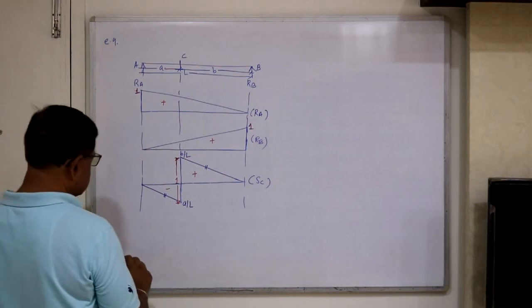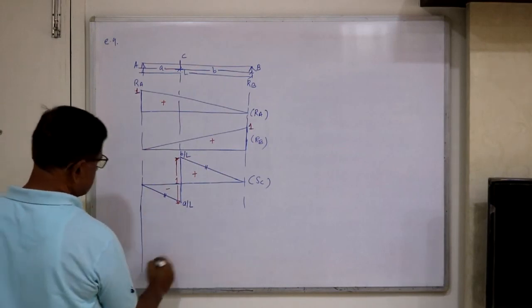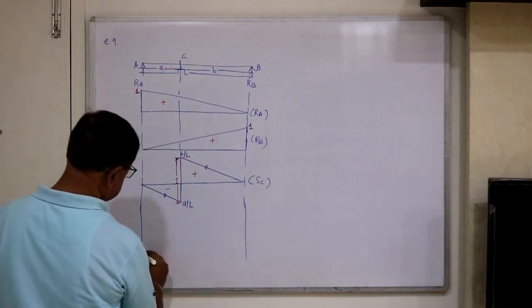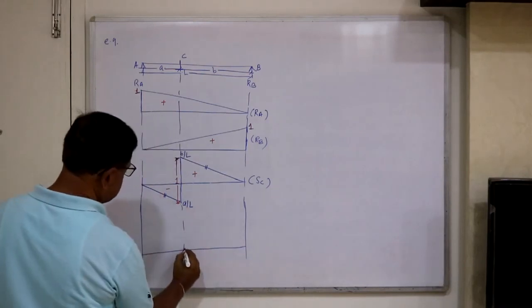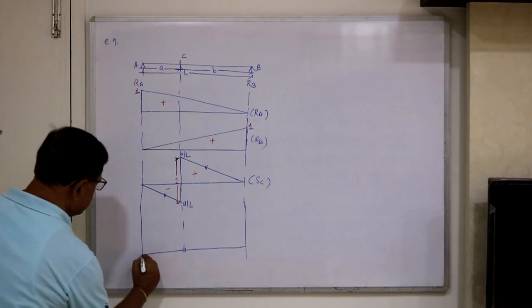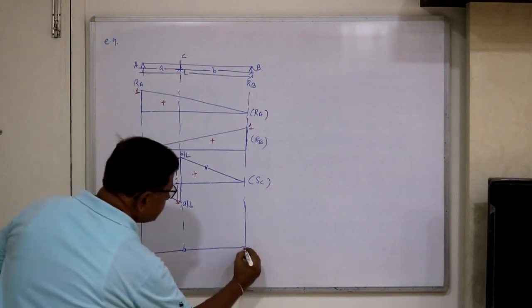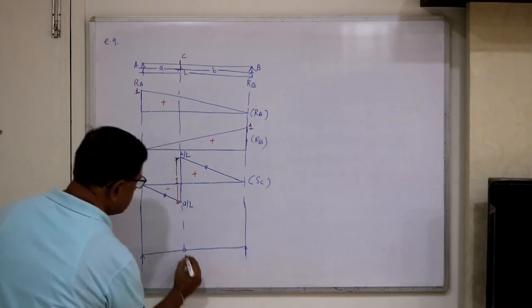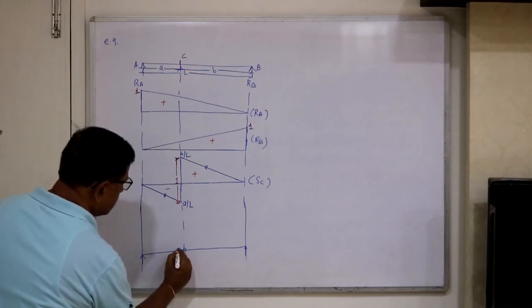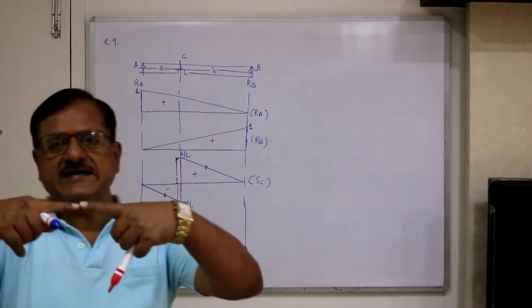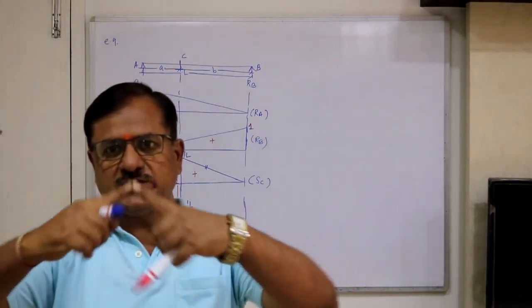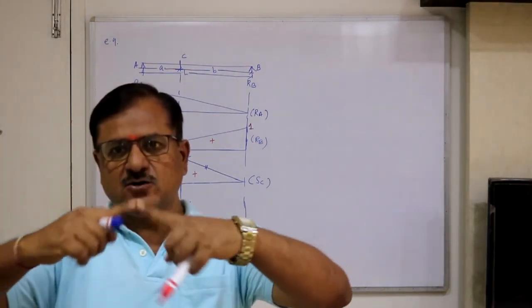Then next, bending moment. In order to release the bending moment, we have to hinge at the section, assuming the two bars are connected by a hinge and are allowed to rotate.